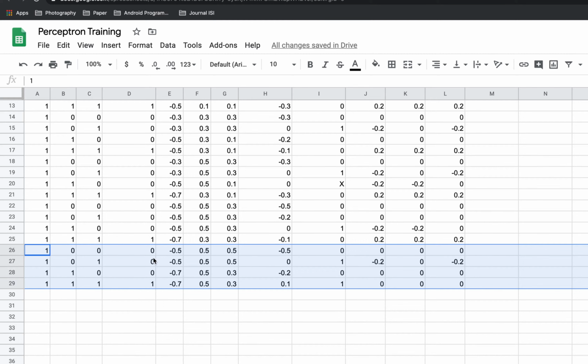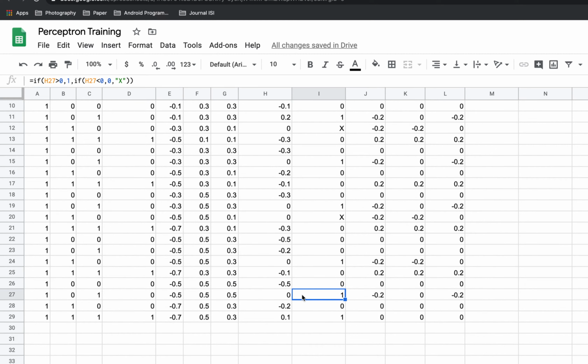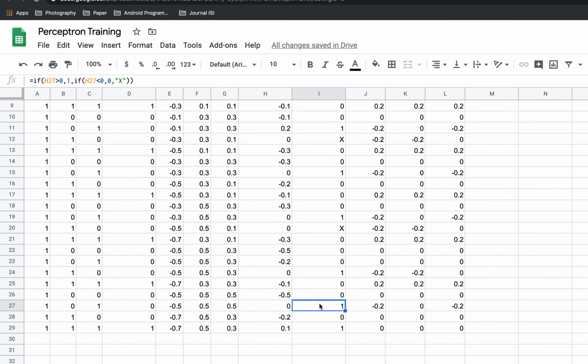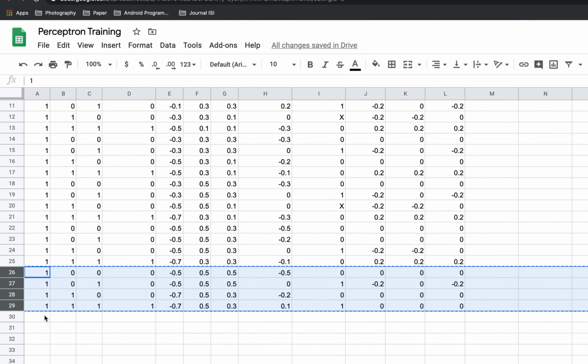Actually, this one is almost 0, but not 0.